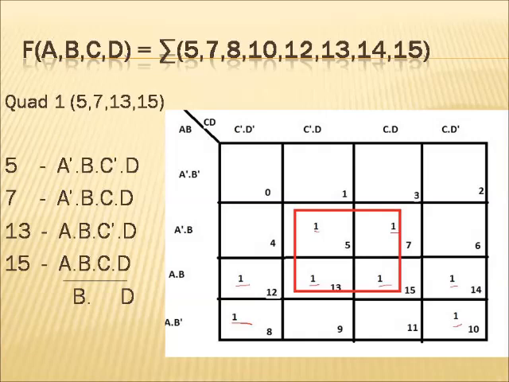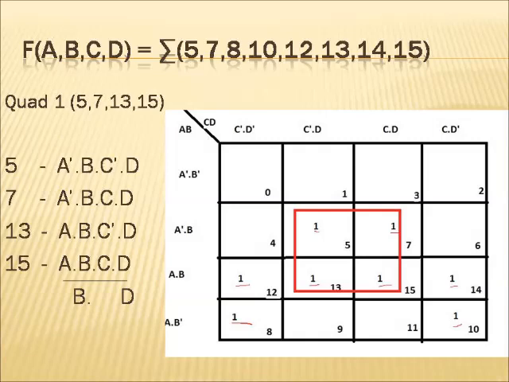And the corresponding cell representing cell number 7 is A bar B, C D. And the corresponding cell representing 13 is A B, C bar D. Please look on both sides, on the left hand side and upper side. Then 15, of course, is A B on the left side and C D on the upper side, right?